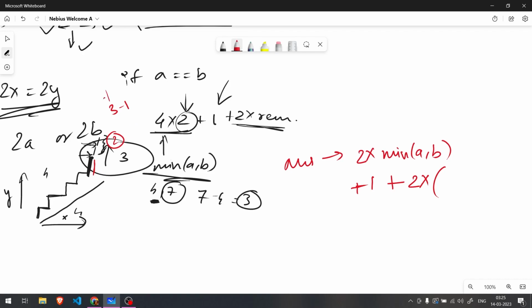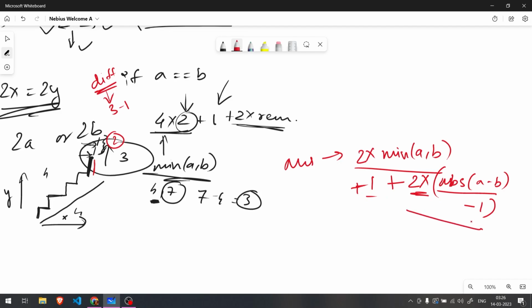And 3 is nothing but the difference, which is the absolute of a minus b. Minus 1 is the remaining part, and multiplied by 2 we add it to the rest of the answer. So these three are the parts of the answer in case a is not equal to b, and if a equals b, then 2 into a.